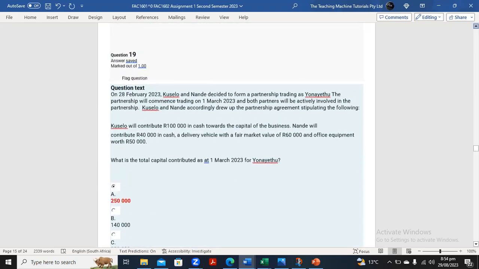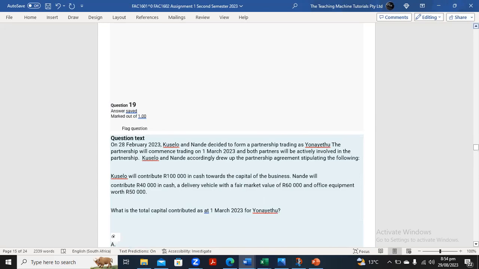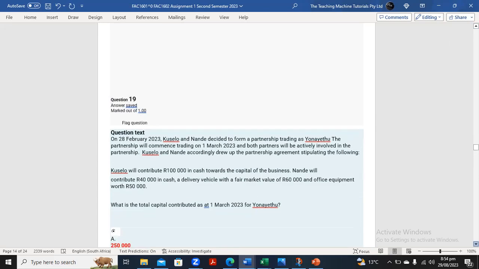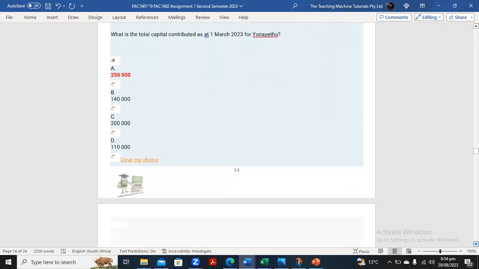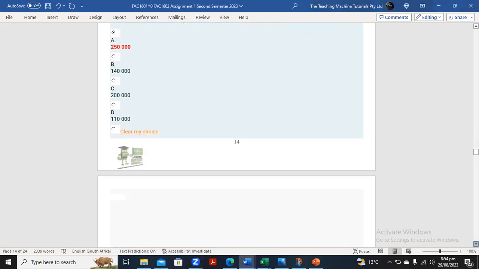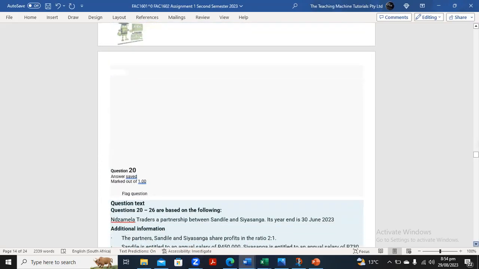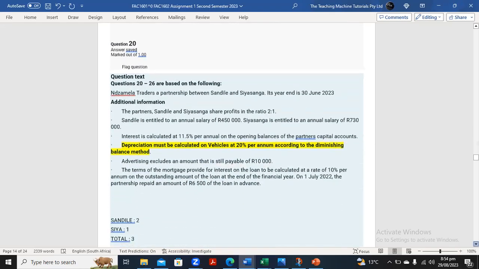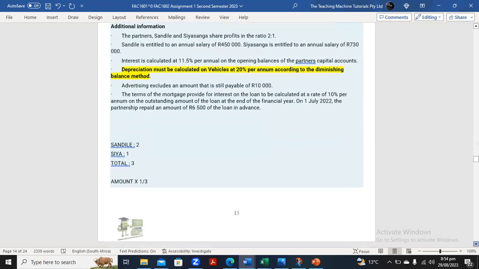Where's the information here? All information is here.